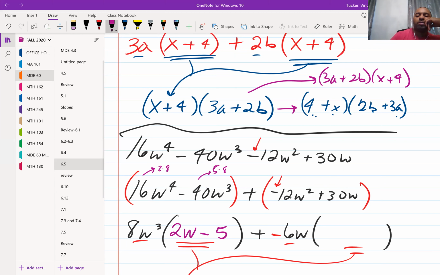Now the next one, that's 2 times 6, 5 times 6. So I can pull 6 out to the front. And notice I have 2 w's here, 1 w here. So the most I can factor out is the 1 w.